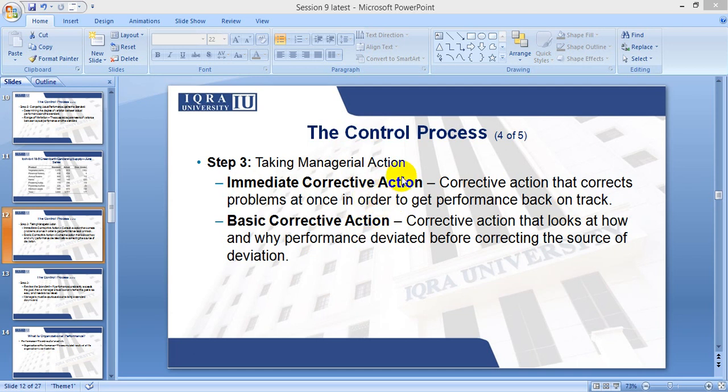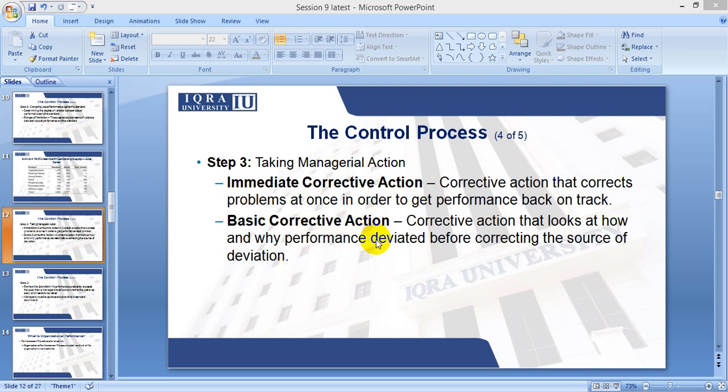It means that if we have a certain problem, we have to resolve that issue immediately, with no other plans in mind, and we cannot afford any delay in that situation. Maybe it could be so critical that we have to take immediate corrective action. We have to manage anyhow by taking corrective action immediately, or else we go towards basic corrective action, the action that looks at how and why performance deviated before correcting the source of deviation. So it is time consuming.